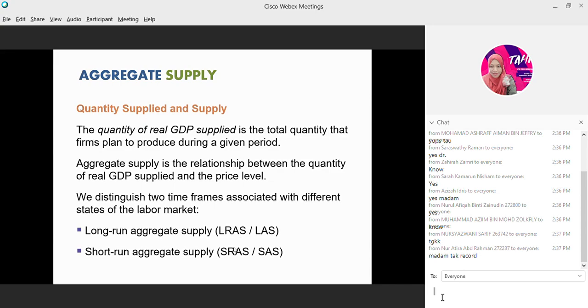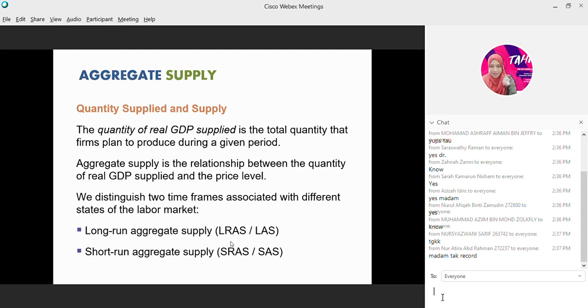The same goes for the short run. SRAS is the same as SAS, short run. The R is missing over here and over there, but it is still the same. For this slide we are using LAS and SAS, the original slide. But previously we used LRAS or SRAS.